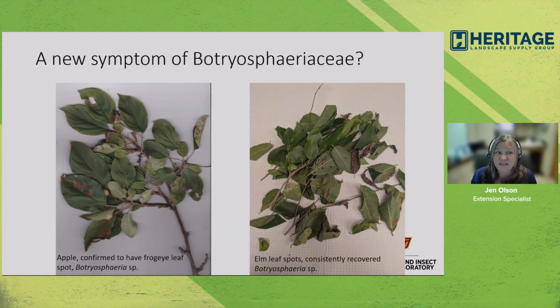This year I had samples sent in from elms, Chinese pistache, pecan, I think a tulip tree, where we were seeing leaf spots. And when we cultured them, we were recovering these bot canker fungi from leaf spots. So I expect I may see more of that in the future.